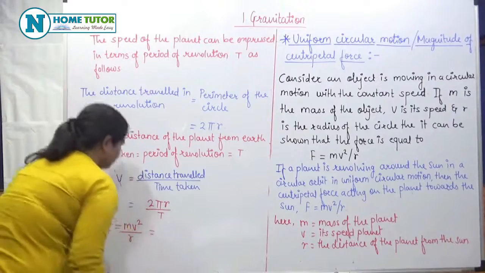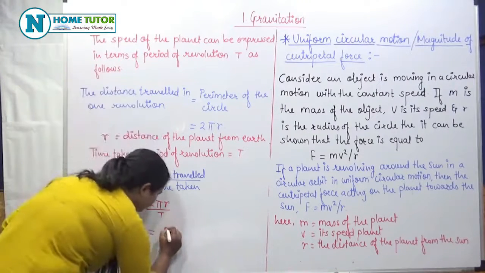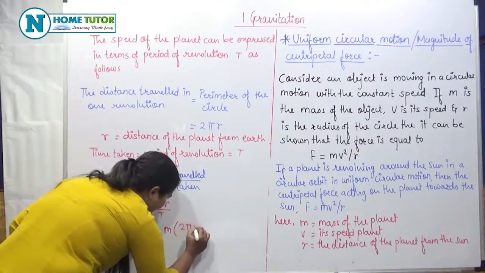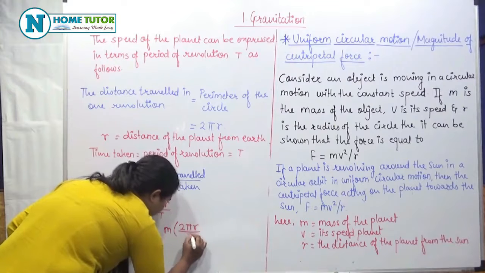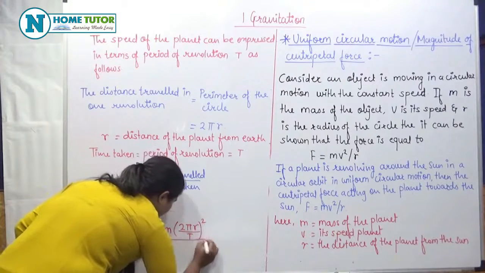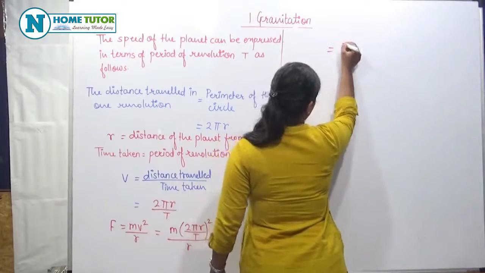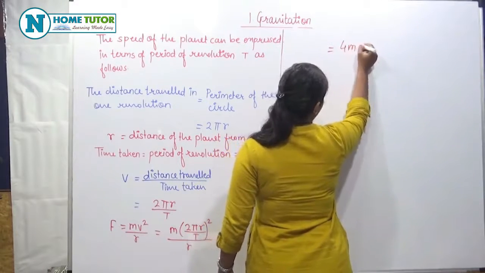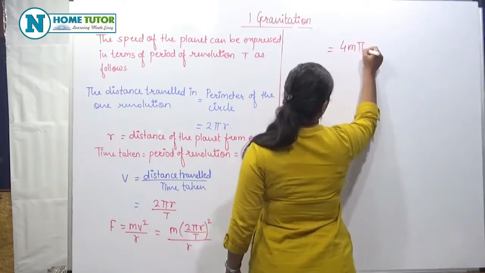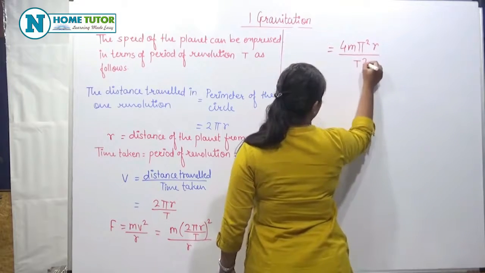So let's substitute the value of v here, that is m into (2 pi r upon t) whole square upon r. So it is 4m pi square r upon t square.